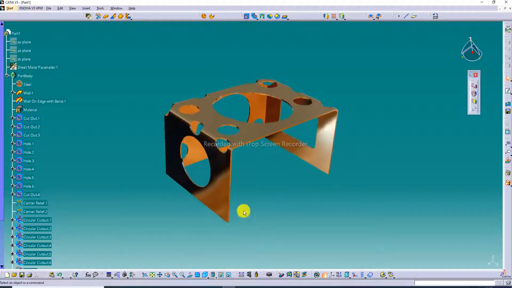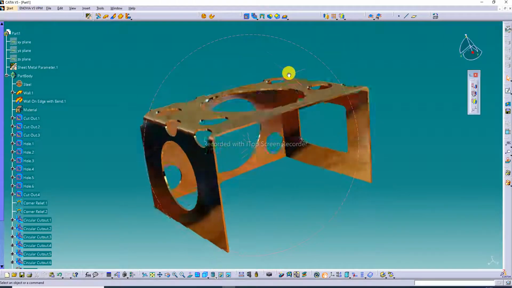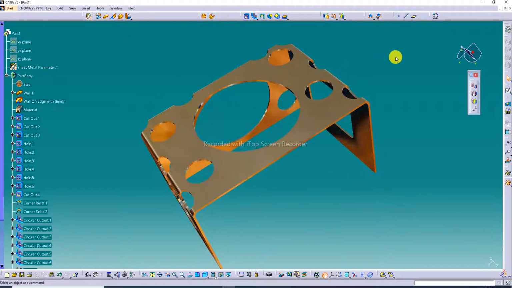Zoom out. This body is perfect. This is nice, looking here.